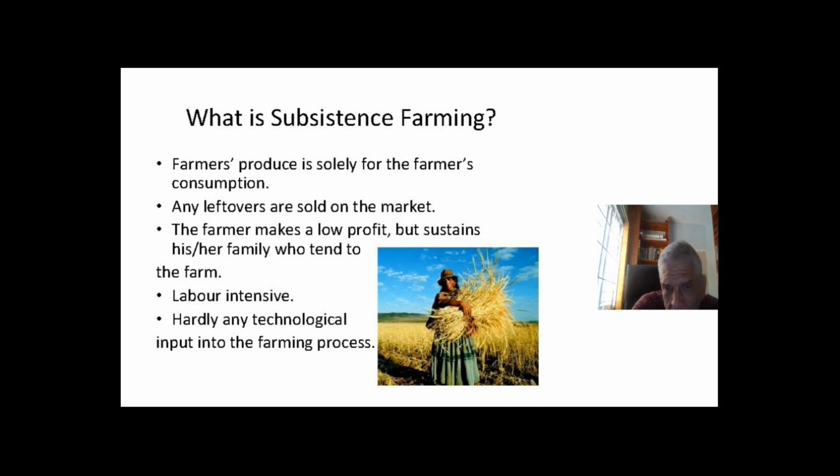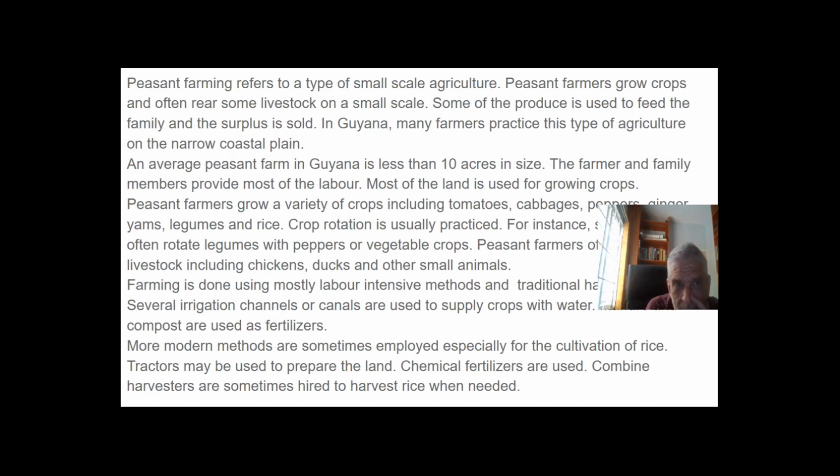All members of the family have to work on the farm, and farm labor is high. If you ever tried farming, it's a lot of hard work, and there's hardly any technological input because they don't have any money for technological things.